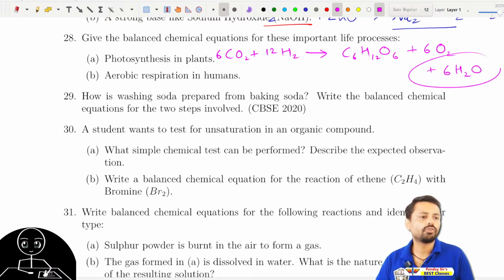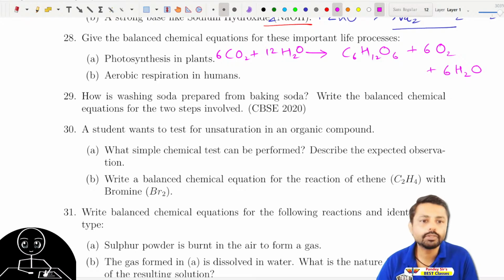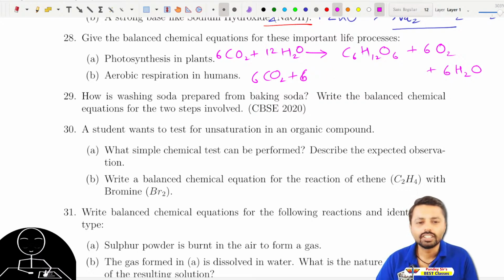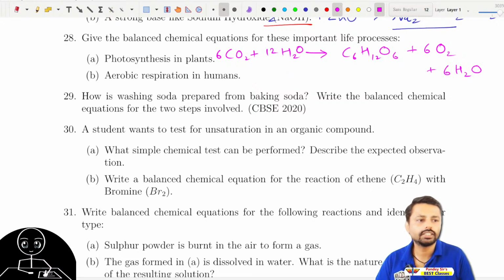Now you see water again is there, so could we take 6H2O only? No, actually the reaction happens with 12 water molecules. So this is the correct one. Sometimes they also write it this way, 6CO2 plus 6H2O, which is also technically correct. But in reality this doesn't happen. The one that I said, that one happens, meaning 12H2O are involved.